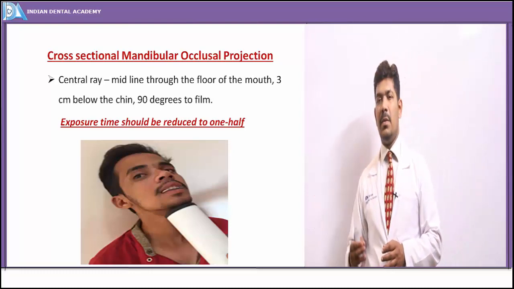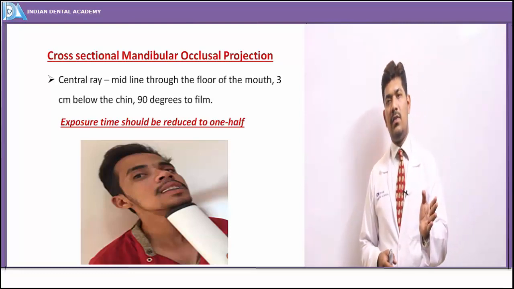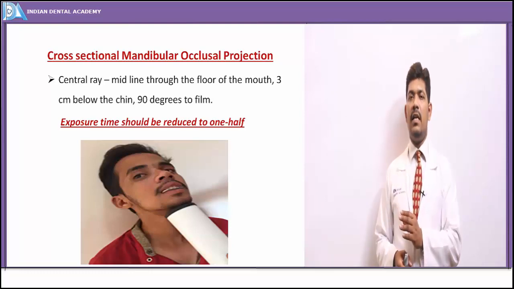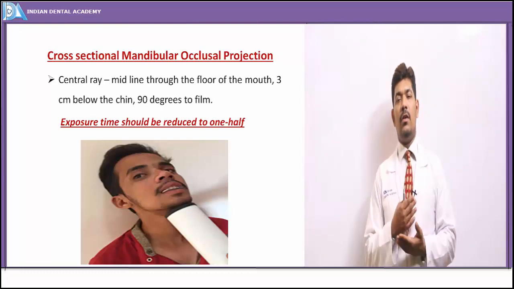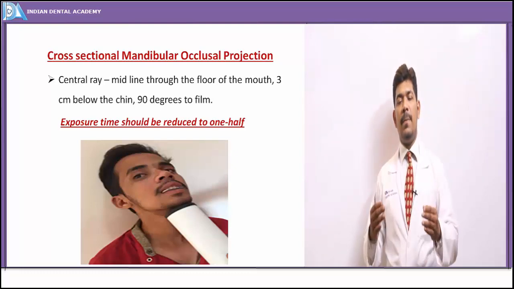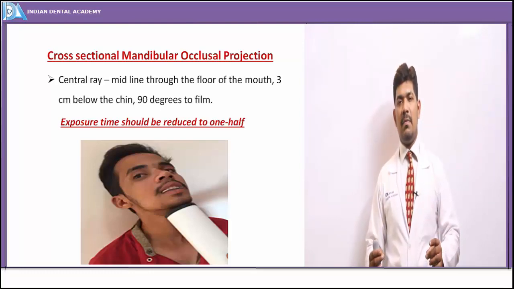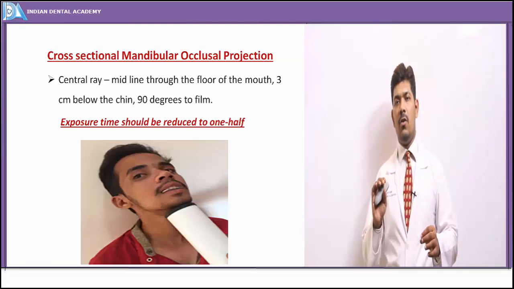This 3 centimeters below the chin basically points this central X-ray towards the center of the film. The positioning of the film again is similar to maxillary, wherein the long axis of the occlusal film is perpendicular to the sagittal plane, pushed inside, touches the rami of the mandible, and the patient is asked to stabilize it by gently biting onto the film.